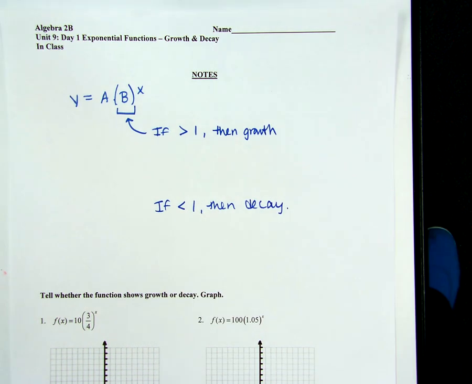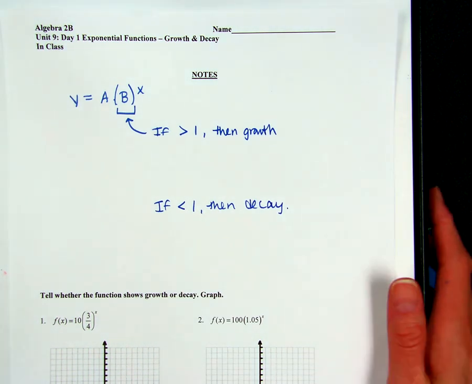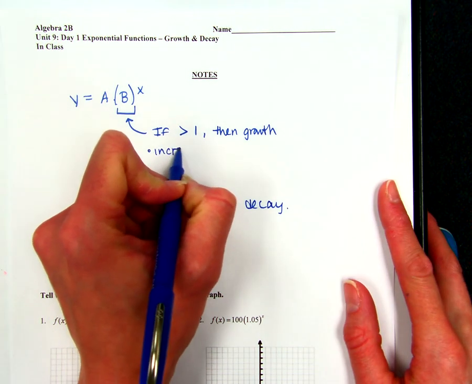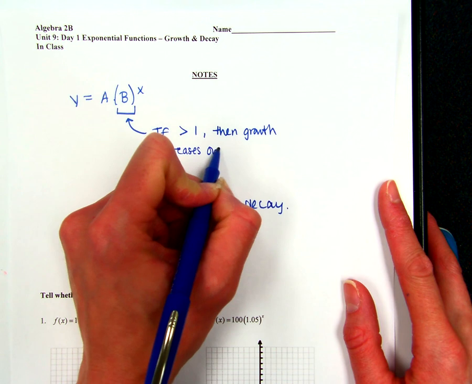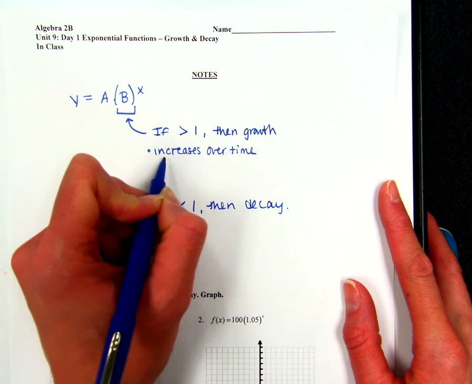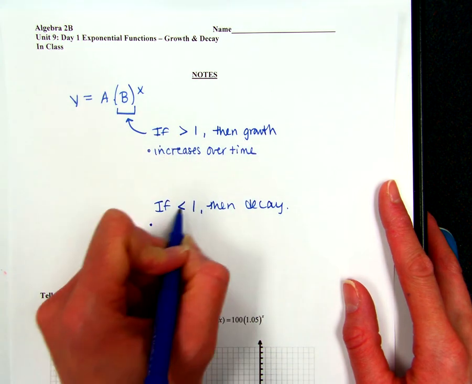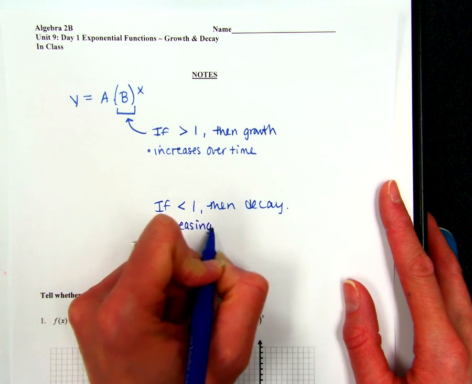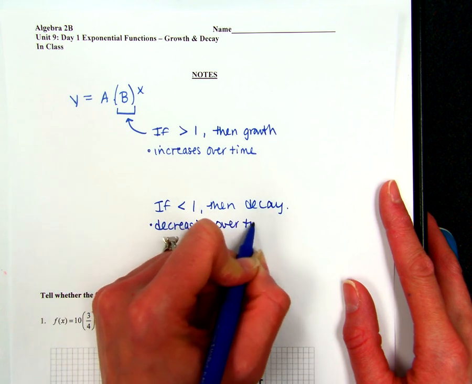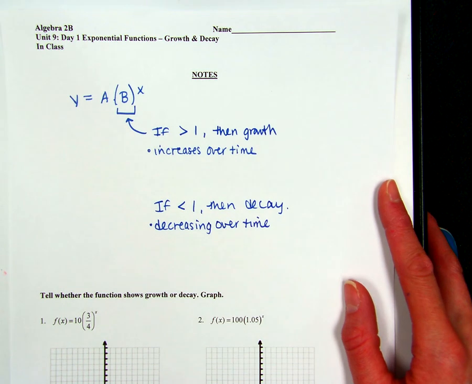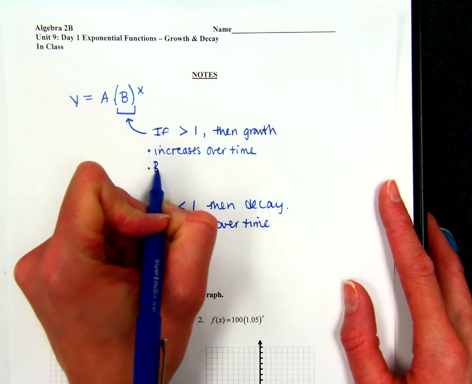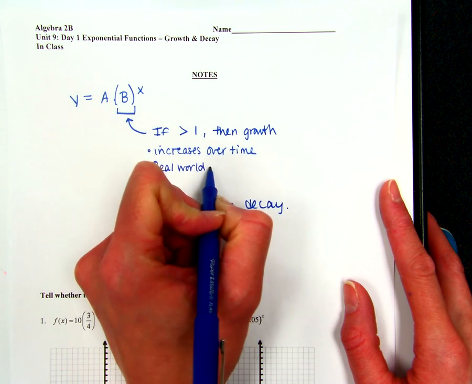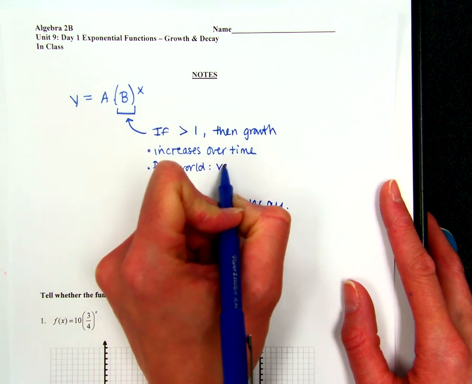Some things you should remember: the word growth means that it's increasing over time. If it's decay, that means that it's decreasing over time. For example, a real-world example of something that increases over time would be the value of a house.